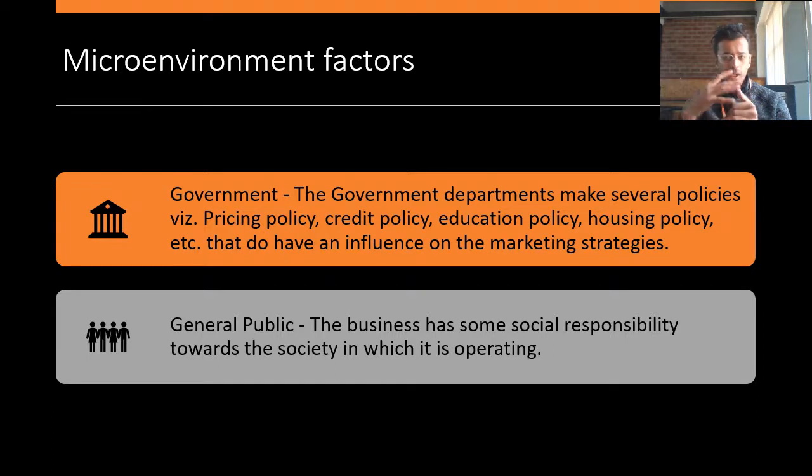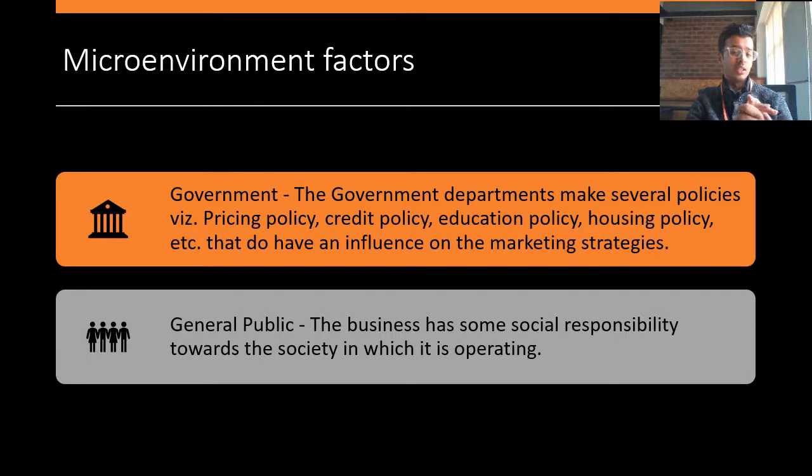For example, if a company is marketing a certain kind of product, there may be rules on that product, rules on how to market it, or rules on whether a person can buy it in one shot or pay the money later. All of them affect how marketing of a product can be done, and the marketing has to be in line with the government policies as well.